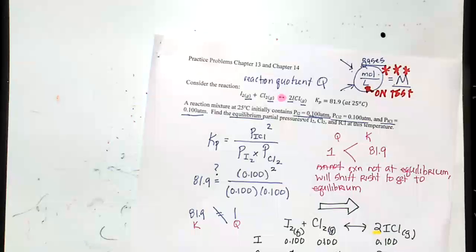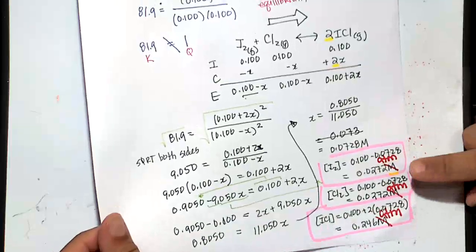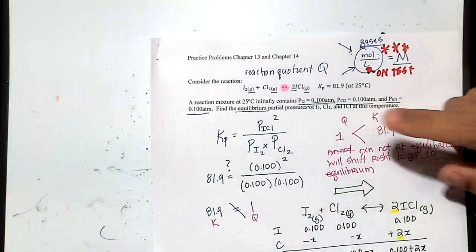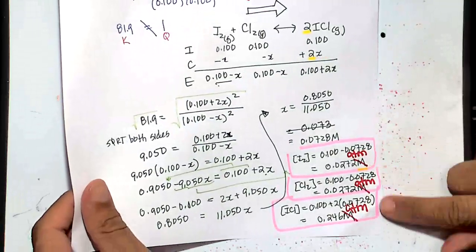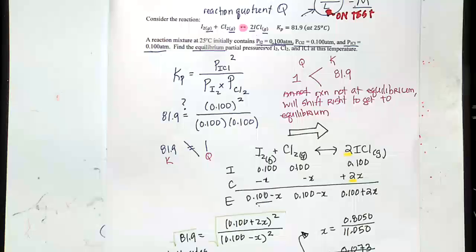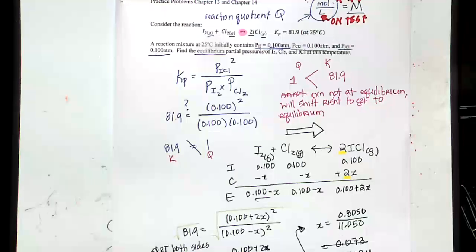So don't forget to divide moles over liters, and on the exam your final units will be big M. In this problem, because I just chose this example, it's atm.